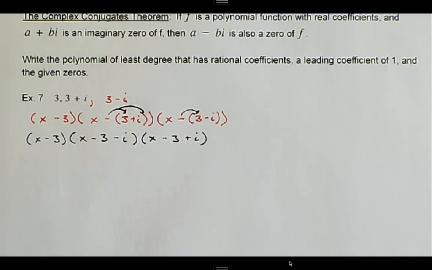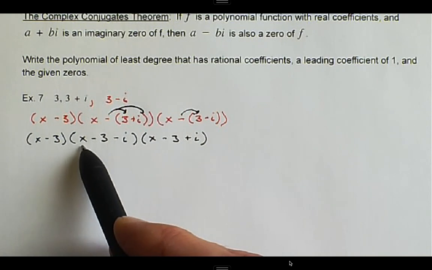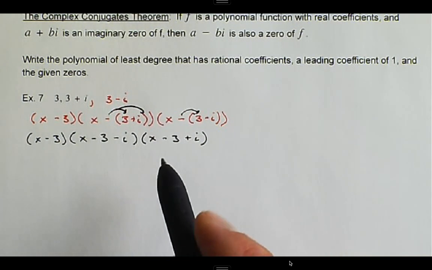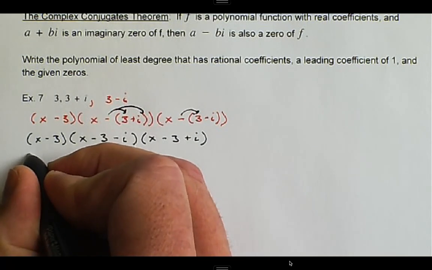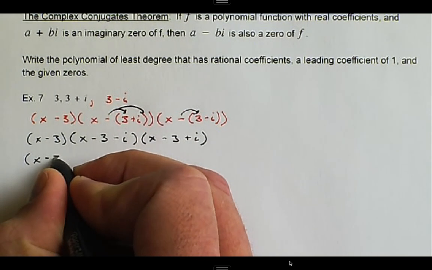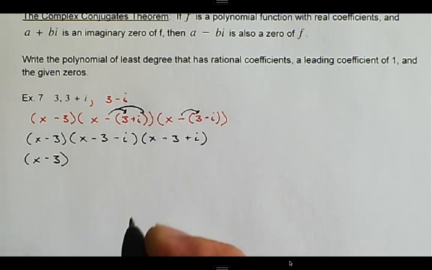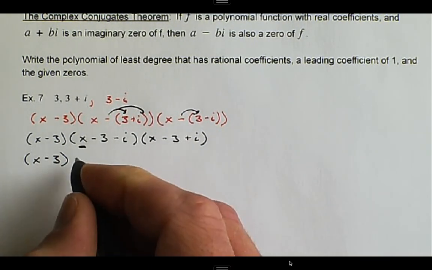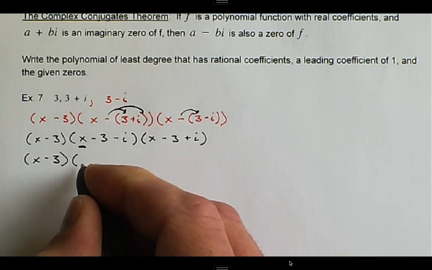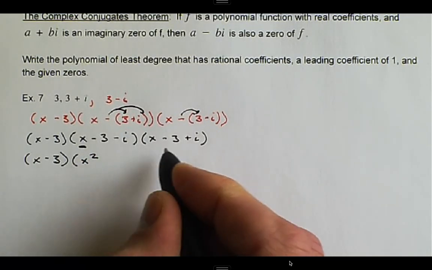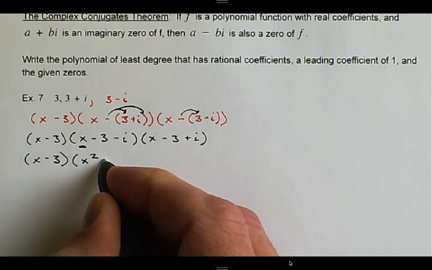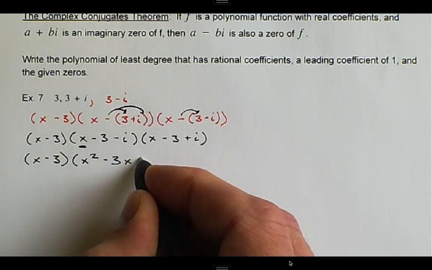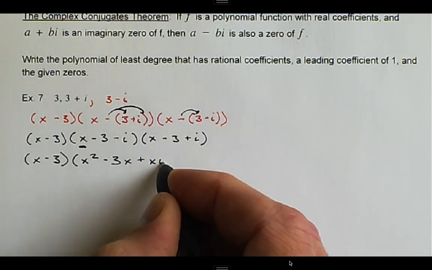And now I want to take this trinomial and multiply it by this trinomial, because a lot of our terms are going to drop out. The first thing, we want to make sure we don't forget about this x minus 3 out front. So we're going to multiply the x first, and we get x times x is x squared. x times negative 3 is negative 3x, and x times i is positive xi.